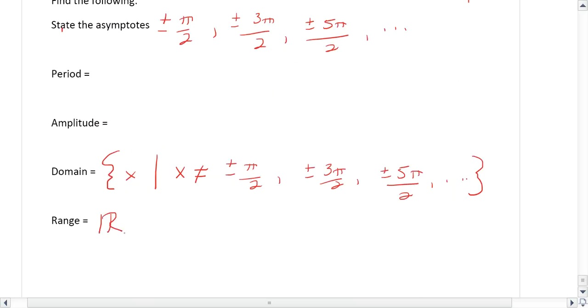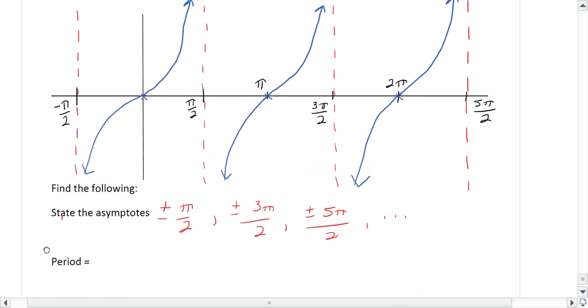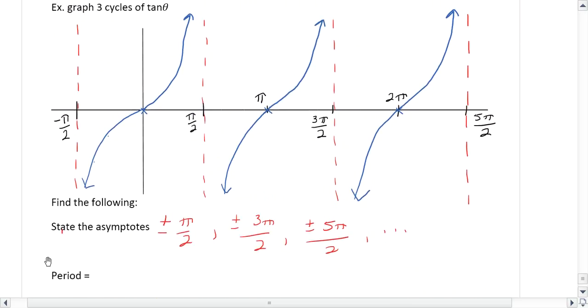All right, let's back up, and we need to do period and amplitude. So the period is sort of obvious. It's where does this repeat? Well, if I just picked up this entire first piece here, it repeats here, it repeats here. So the repeat goes from this negative pi over 2 to pi over 2.